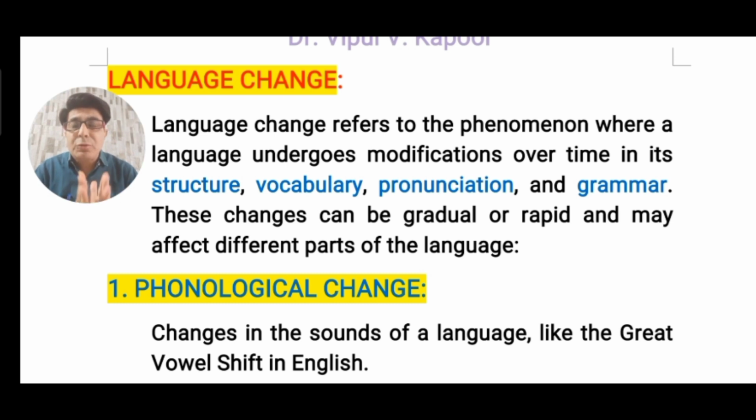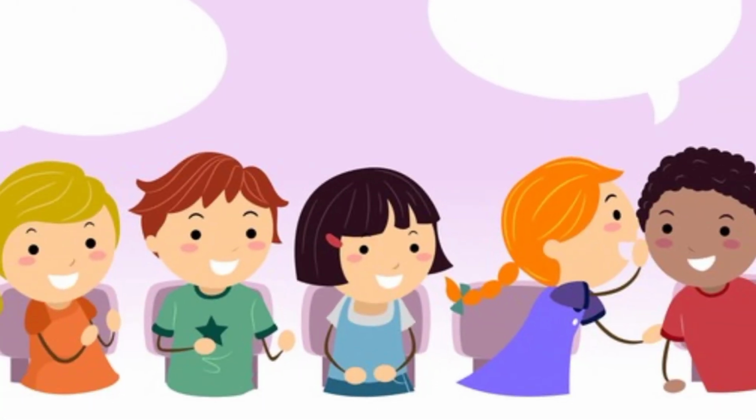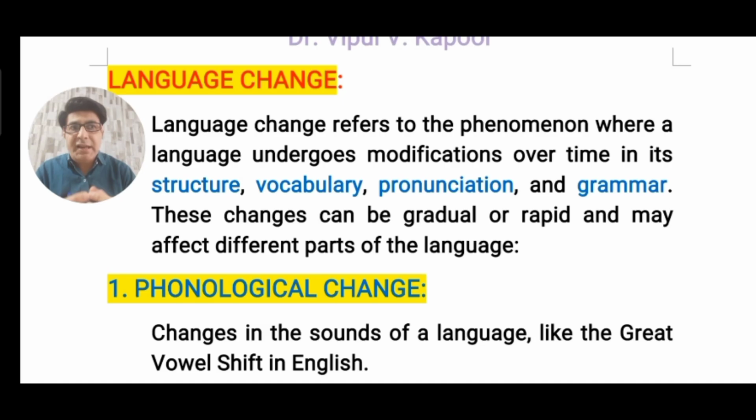Now the interesting thing to note about this game is that by the time this message reaches the last child, it is found as a changed message. Okay, so that shows that language is not static, it keeps on changing. Okay, we find some modifications over time in its structure. Sometimes we find some changes in vocabulary, in pronunciation, in grammar, and so on.